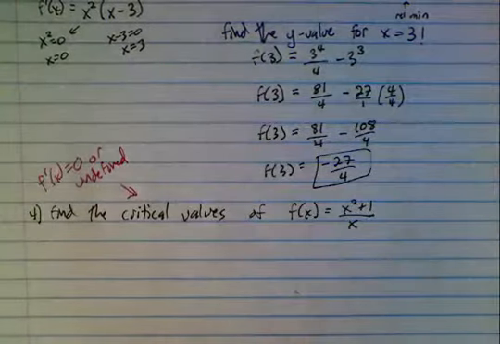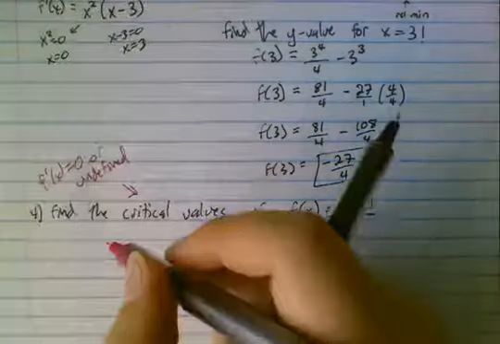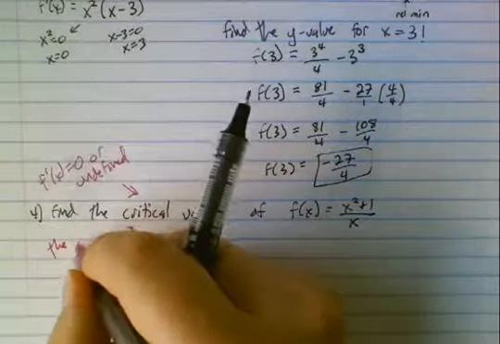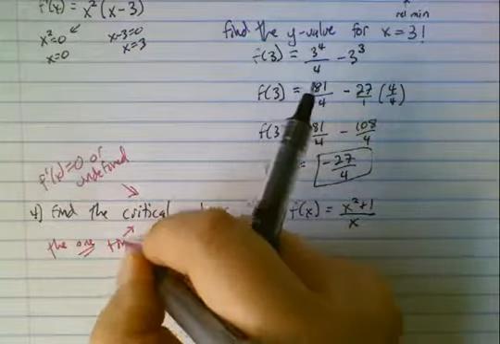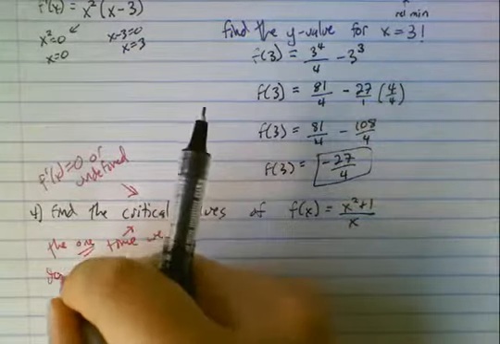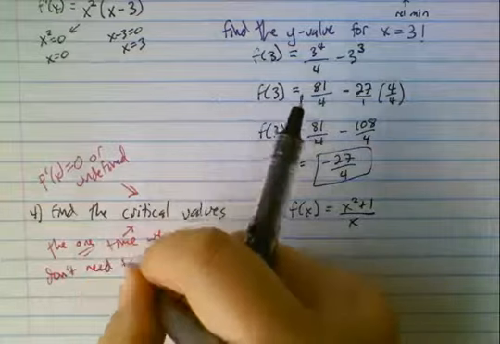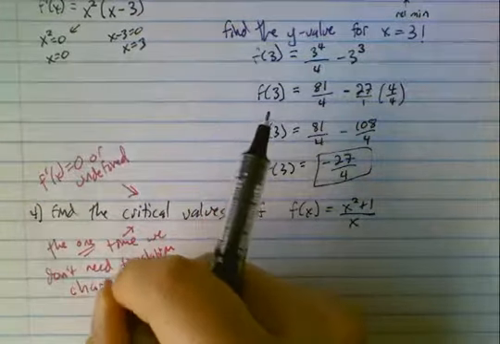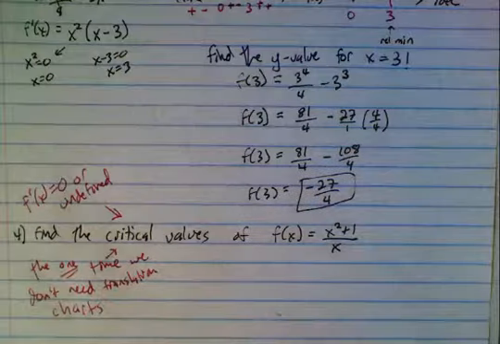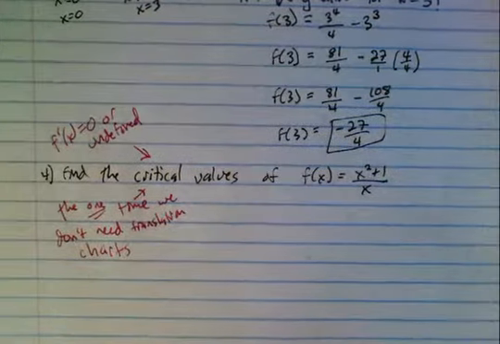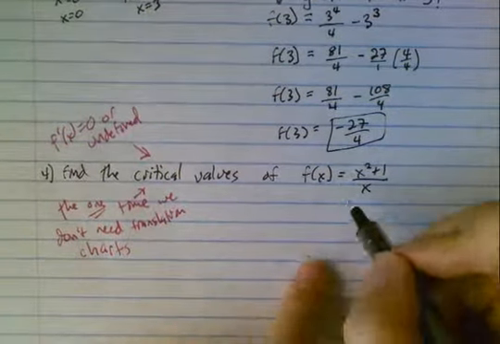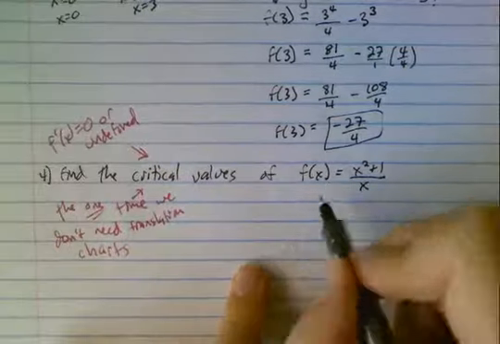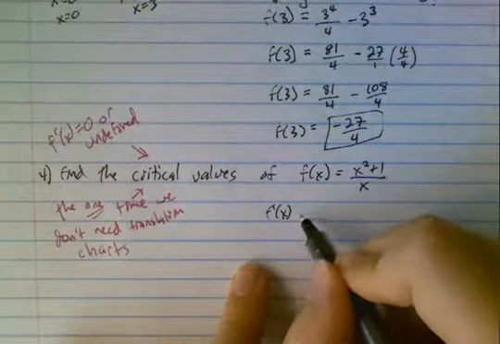This is the one time we don't need translation charts. So we just need to find where f prime equals 0 or undefined. So first we need f prime.